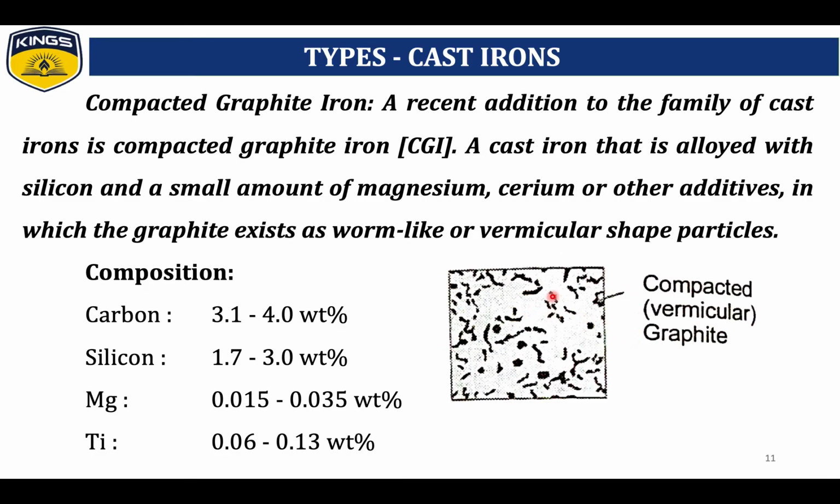The structure seems to be worm-like or vermicular shaped particles. Here the compositions are carbon of 3.124 weight percentage, silicon of 1.723 weight percentage, magnesium of 0.0152 to 0.035 weight percentage, and tin of 0.06 to 0.13 weight percentage.